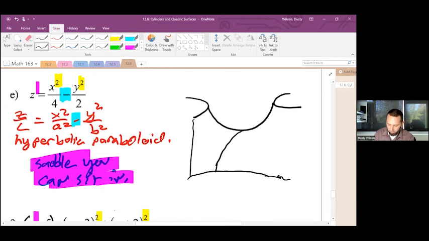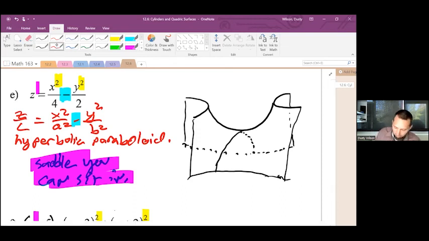Down, down, down. And then your downward facing parabola continues backwards into the picture and connects up on the other side, continues backward here. So there's your saddle.